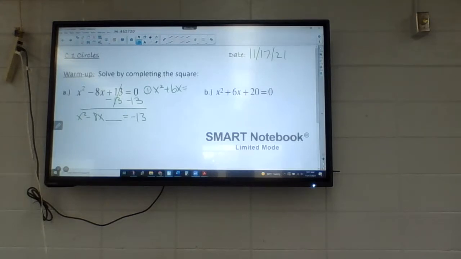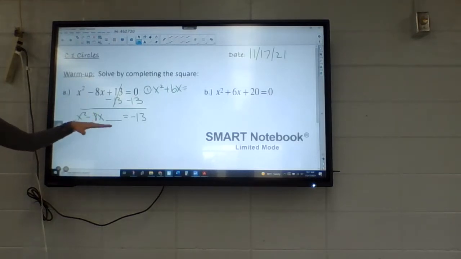So the point of completing the square is that it works when you can't factor. You could do the quadratic formula to solve this, but completing the square is kind of bypassing the quadratic formula. What we're trying to do is make it factorable. So I'm trying to put something in there that will be able to be factored.